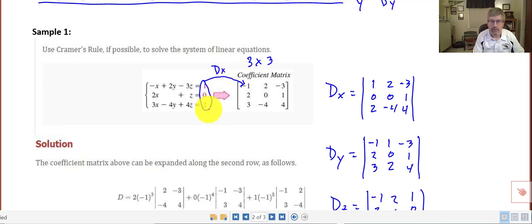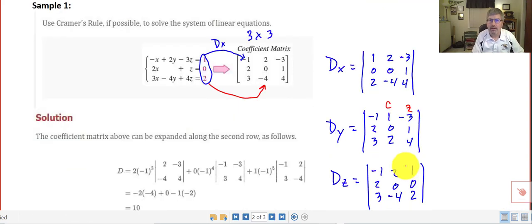For D sub y, we would take our constants and put them where our y's would be. So D sub y would be the matrix with the column negative 1, 2, 3, then our constants 1, 0, and 2, and then our z coefficients negative 3, 1, and 4.